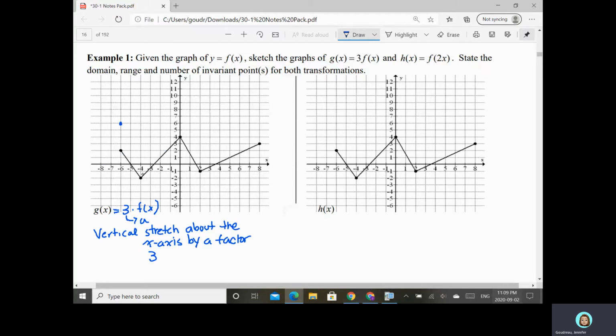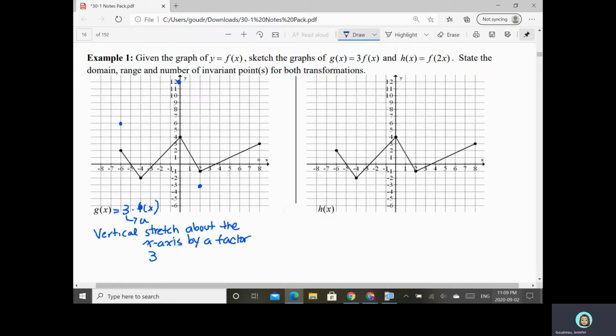This point here, which is 2 units below the x-axis, 2 times 3 would be -6, so 6 units below. This point, that is 4 units above, 4 times 3 is 12. This is 1 unit below. -1 times 3 is -3, so 3 units below.